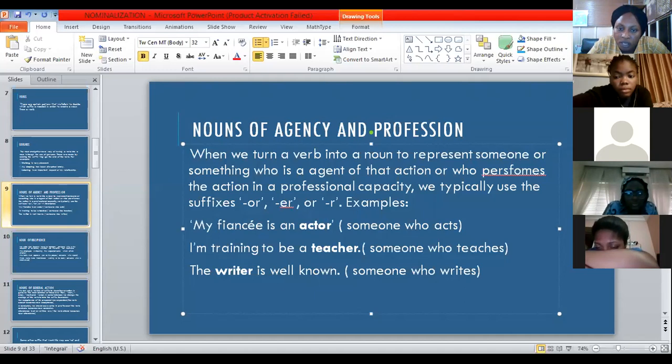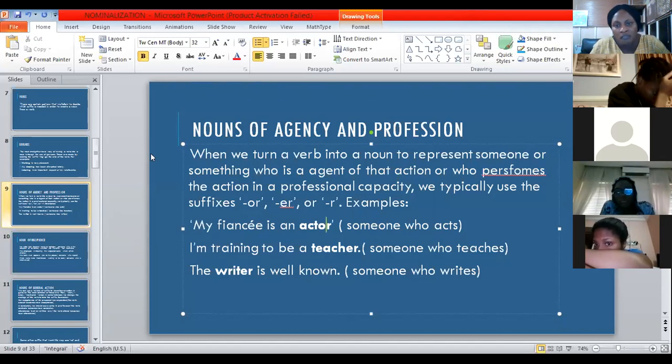From this sentence, we can infer what the verb was from the word teacher. Who is a teacher? Someone who teaches. The third example: the writer is well known. Who is a writer? Someone who writes.